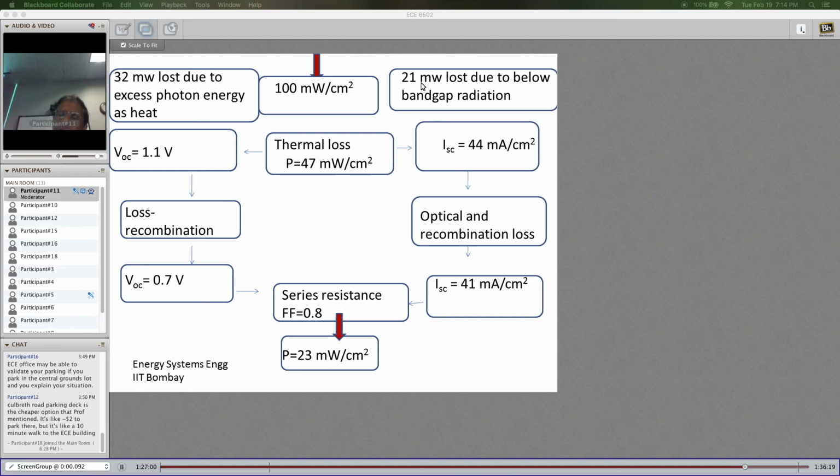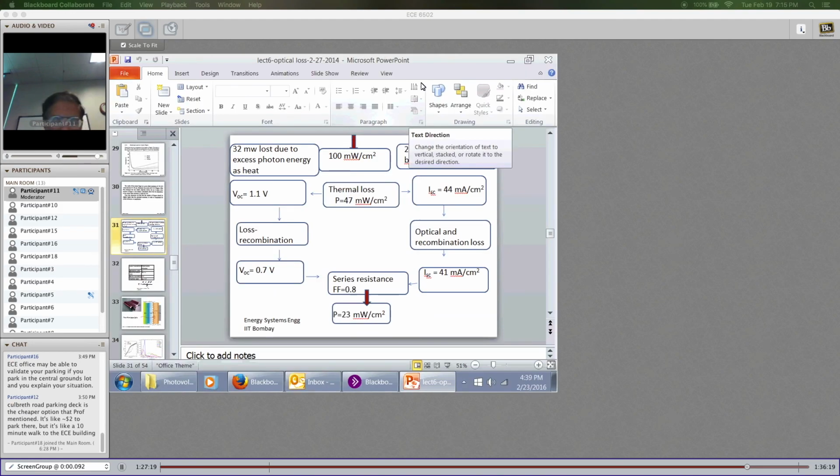If you can minimize optical loss to zero and make recombination loss zero, you can increase that a little bit. So this summarizes the limitations we are facing in making high efficiency solar cells. Any question?